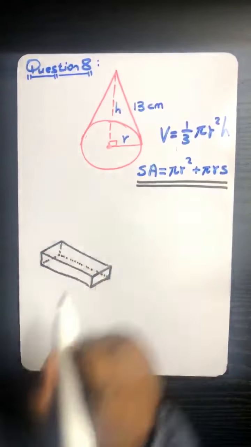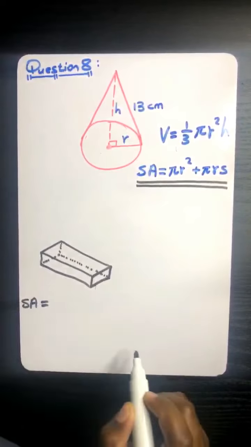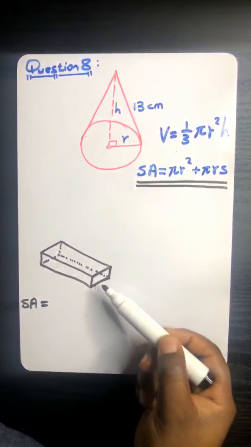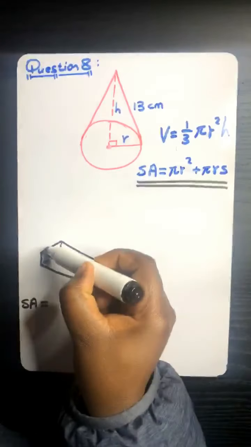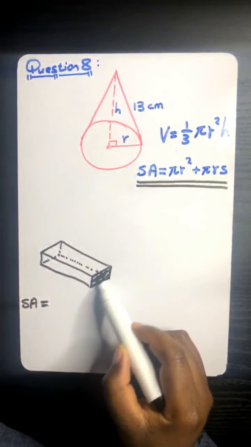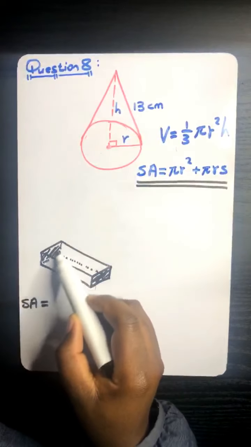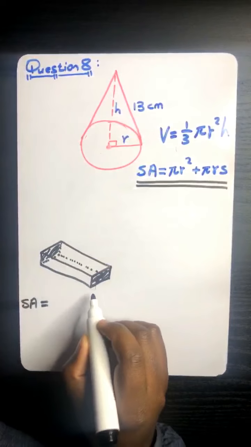But now, what will be the surface area in this case? So that means we have this side and that side. Let's start there.